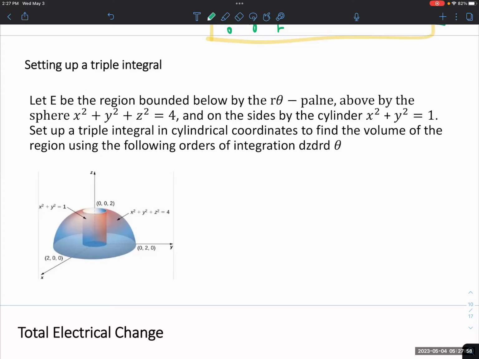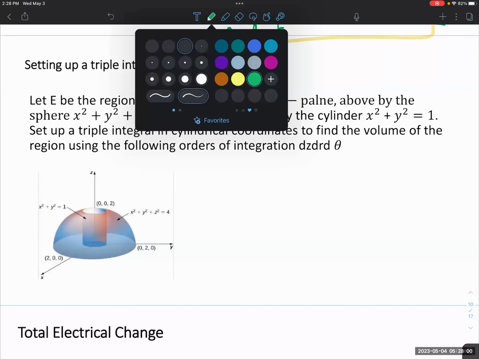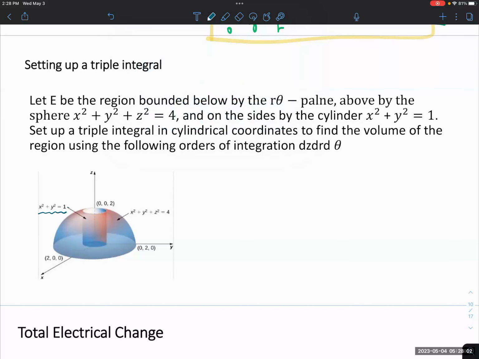This one is the cylindrical shape, and this is the half-sphere equation. That's a given, and that's great, because we are going to use them to find the intervals for r, theta, z. So step by step, don't rush.